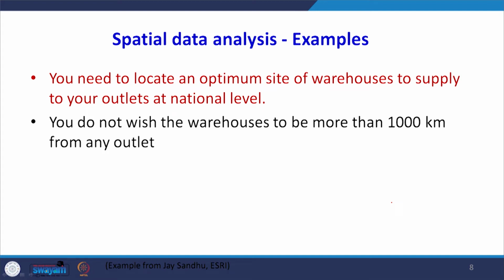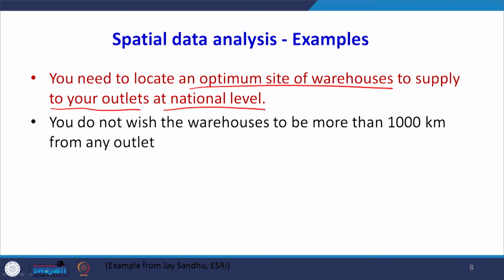Now, suppose we want to find out what is the optimum site for the warehouses to supply some kind of a product outlets at the national level. So, we want to cover the entire nation, and we want to know which are the optimum site locations, so that we can actually have outlets at those particular points.